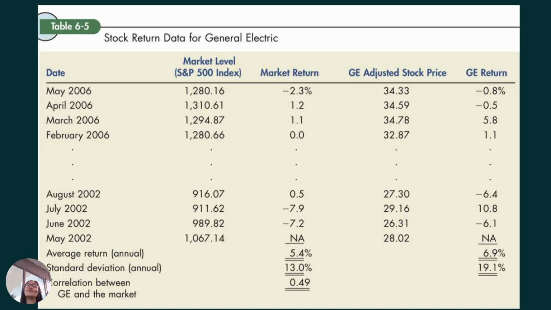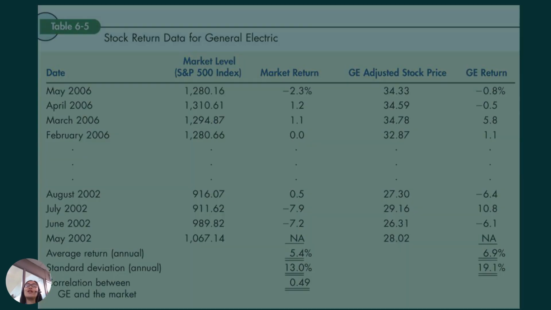Note that the standard deviation for GE's return during this period was 19.1% versus 13.0% for the market. So the market volatility is less than that of GE. This is what we would expect, since the market is a well diversified portfolio and thus much of its risk has been diversified away. The correlation between GE stock return and the market return is about 0.49, which is a little higher than the correlation for a typical stock.